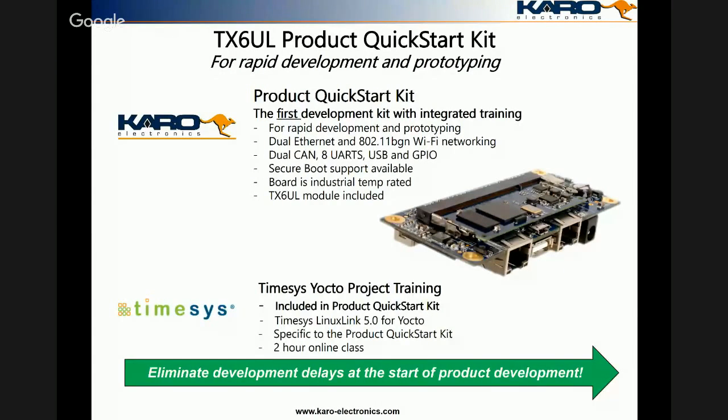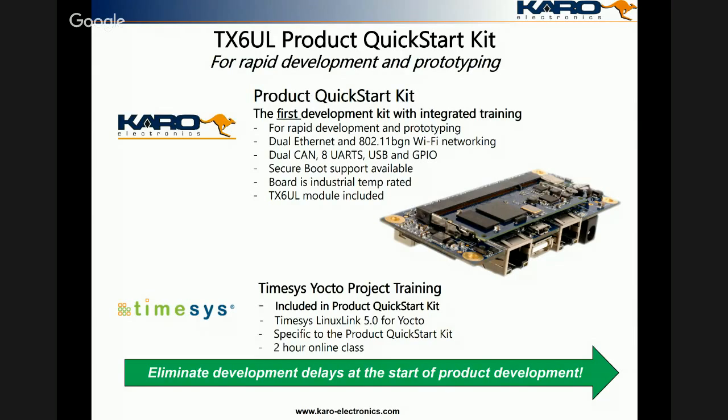So the Product QuickStart Kit is based on a Ka-Ro TX6UL computer on module. It includes the NXP i.MX6 ultralight processor, and it's a very small board that brings out dual Ethernet and dual CAN.